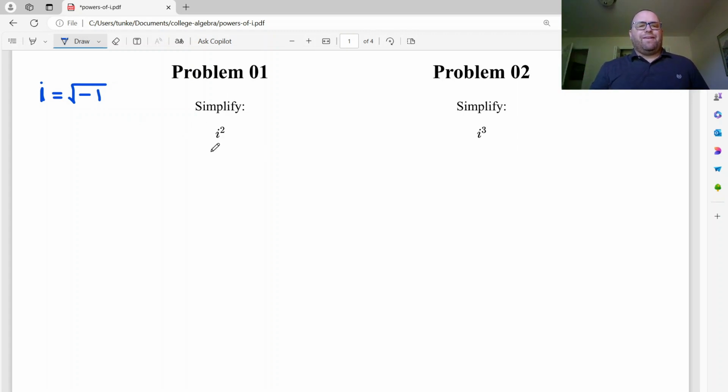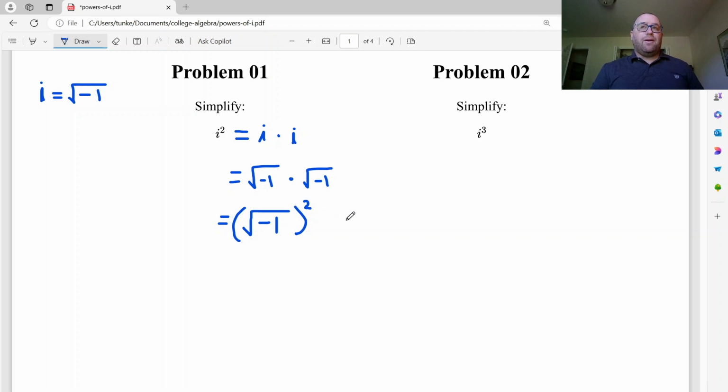Let's look at this first one. We have i squared here. Well, what is i squared? Well, that's equal to i times i. And what is i? Well, i is, again, the square root of -1. So it's the square root of -1 times the square root of -1, which is the same as the square root of -1 squared.